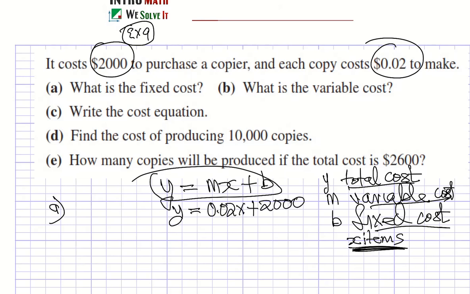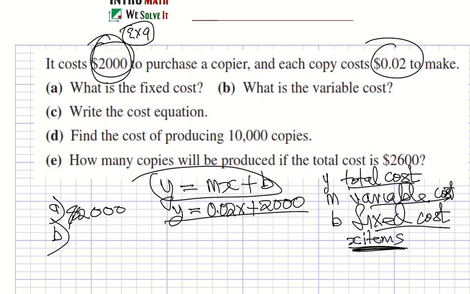You don't have to, but it helps you to visualize it. Then you can answer A. The fixed cost is 2000, okay? You could have answered it without the equation, but if you put the equation there, it helps you to visualize it, and it will help you to answer other questions coming.